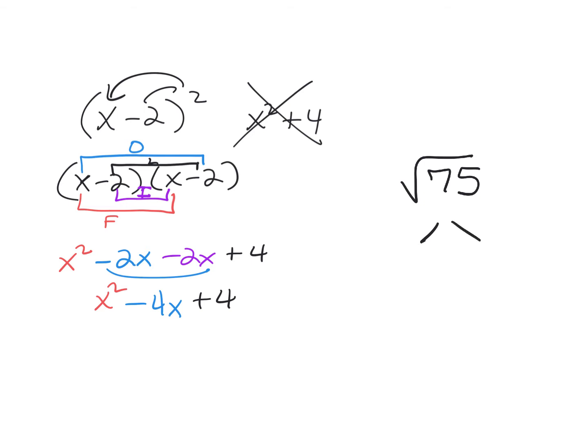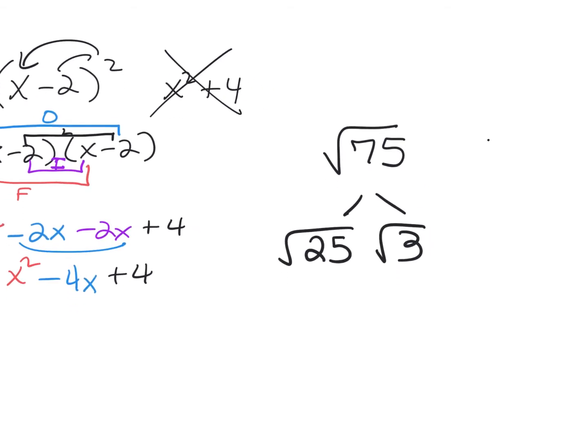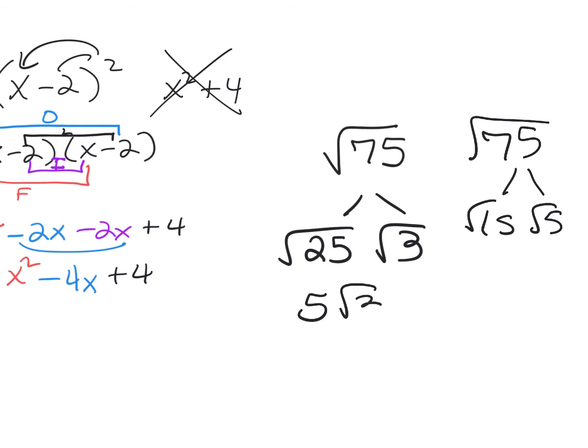I'm going to do a factor tree. 25 times 3. Now, you can also do 15 times 5. Again, it doesn't matter what you start with. We can either recognize that 25 is a perfect square, and I could square root it and then leave the 3, or I could keep breaking it down until it's prime, like this one.